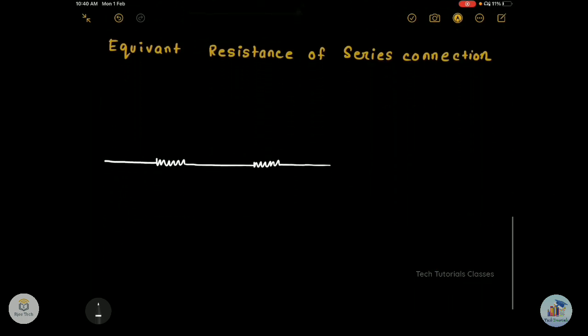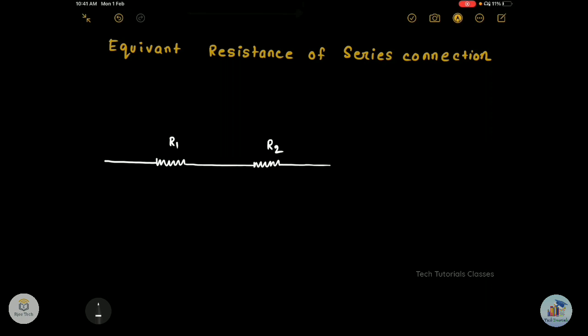Now we want to find the equivalent resistance of a series connection. So suppose I have over here a circuit which is in series connection, as you have learned by now. So this is R1 and this is R2, and we want to find out the equivalent resistance of this series connection. So what is equivalent resistance?